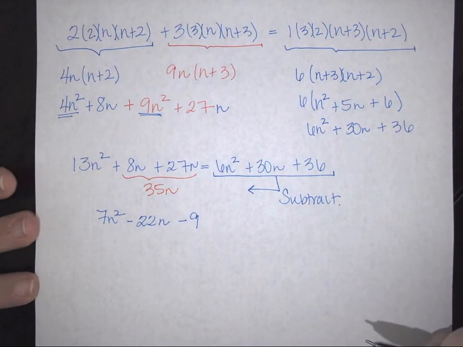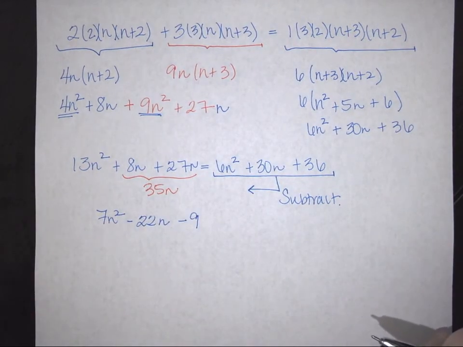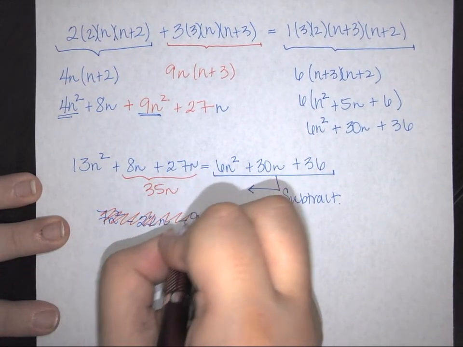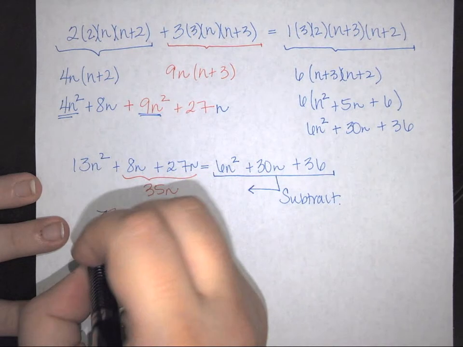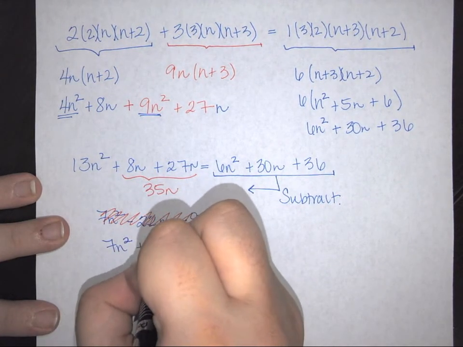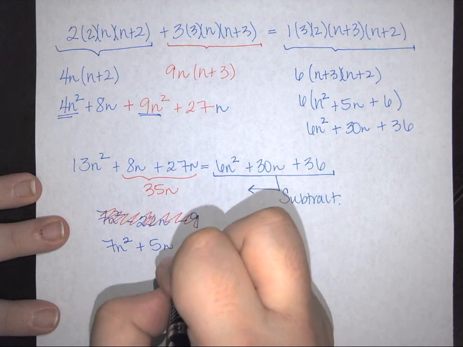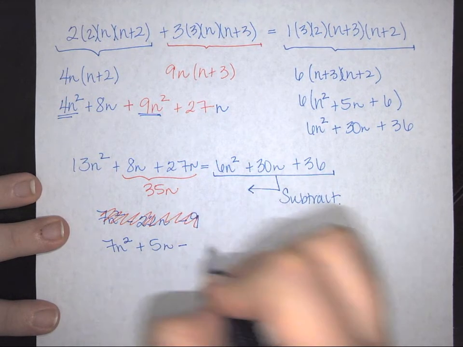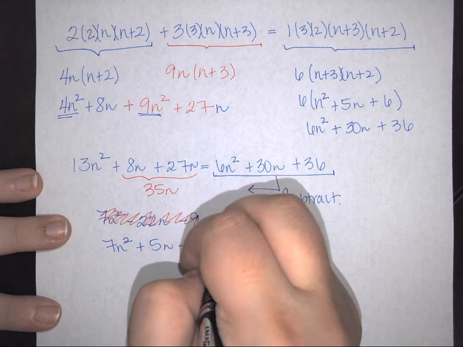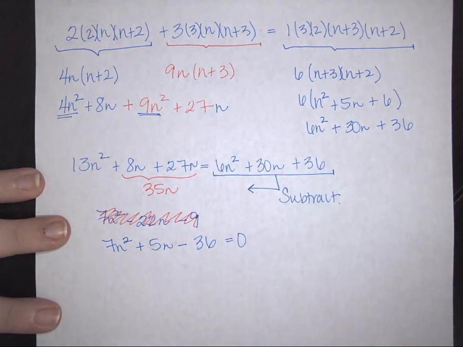When I subtract 30, this is going to leave me with 5. So this is 7n squared plus 5n and then this is going to be minus 36 equals 0.